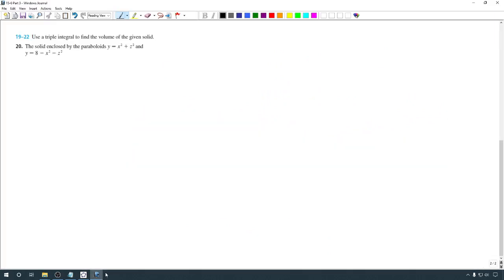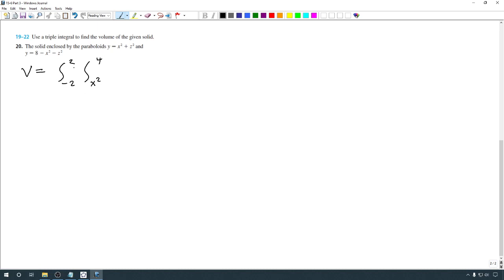If we were to do that, maybe we'd have something like the volume is equal to the integral from -2 to 2 of the integral from, let's say, x squared to 4. Our upper and lower surfaces are fairly complicated looking when we're doing them as z equals something. We'd have to solve these equations for z. This first one, we'd be looking at this first paraboloid.